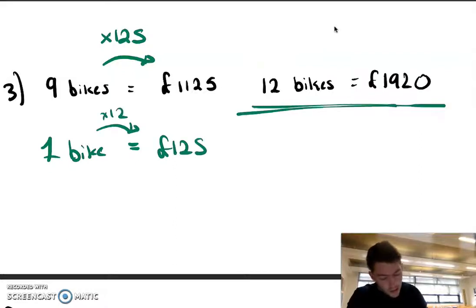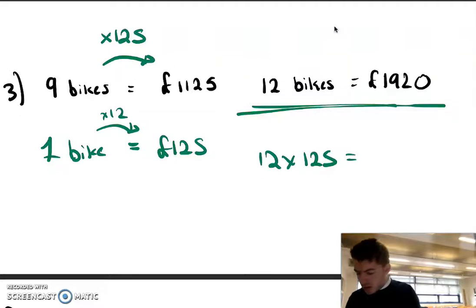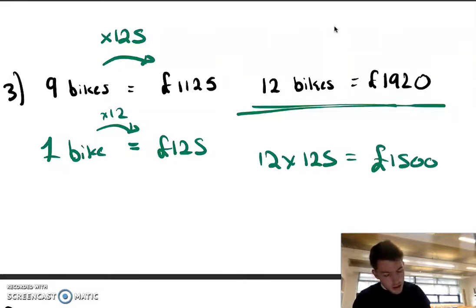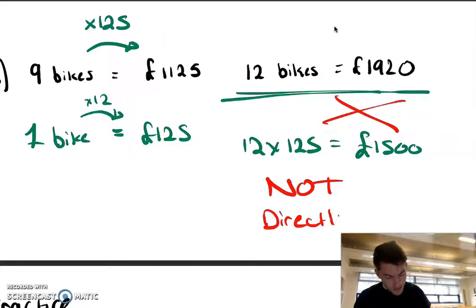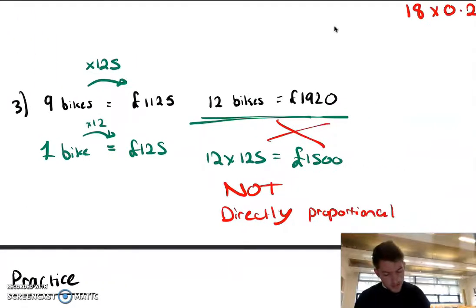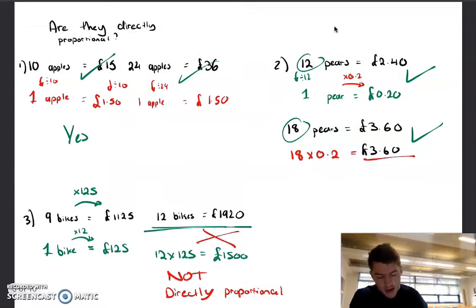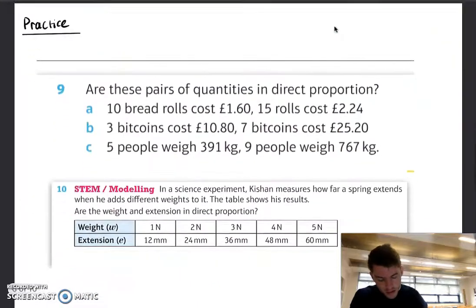Is this directly proportional? 12 times 125 equals £1,500. No, not directly proportional, because they have to have the same multiplier, so they are not. Okay, so copy that down, and then you've got some practice questions here.